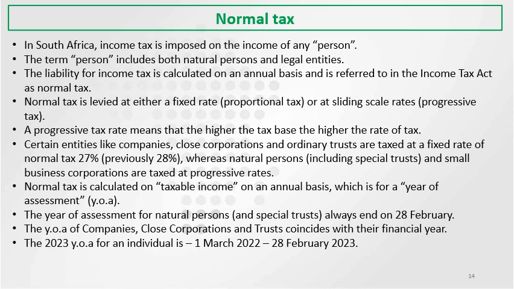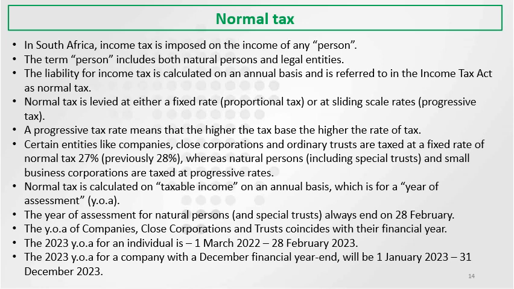In other words, the 2023 year of assessment for an individual is 1 March 2022 up to 28 February 2023, whereas the 2023 year of assessment for a company with a December financial year end will be 1 January 2023 to 31 December 2023.